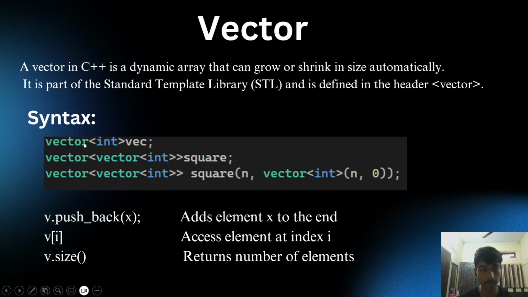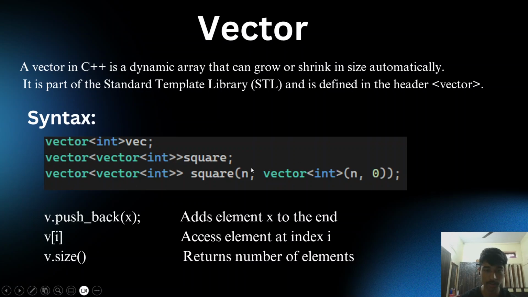Here we are defining a vector in which each component is an integer, and vec is the name of the vector. In my puzzle, I used a square. So I defined a vector in which each element is also a vector. This will actually make a square, like the first element will go like this vector, the second element here, and so on.